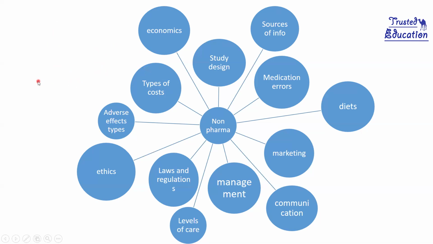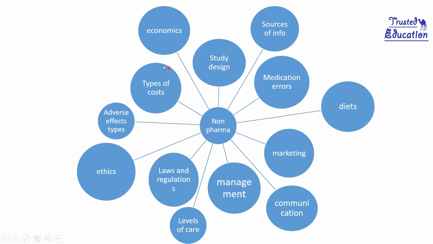We have a type of cost which is called indirect cost. For example, the family of the patients are traveling from one state to another to see the patient. So this cost is called indirect cost, which is not related to the hospitalization or the drugs that the patients are taking.